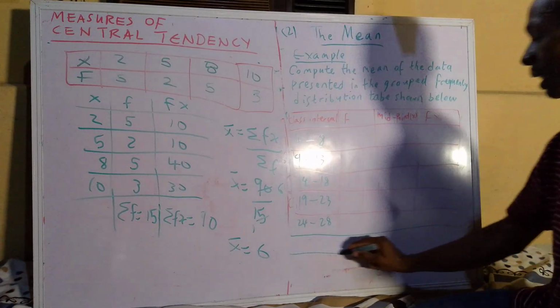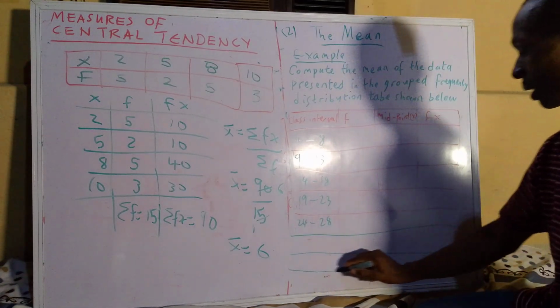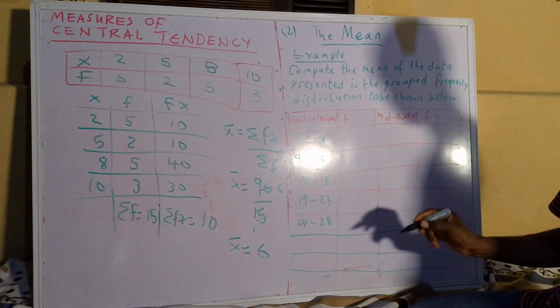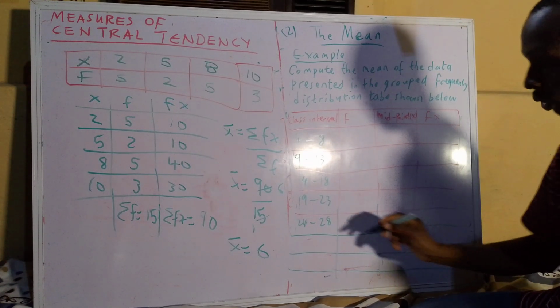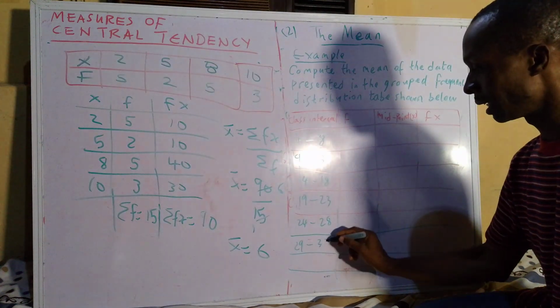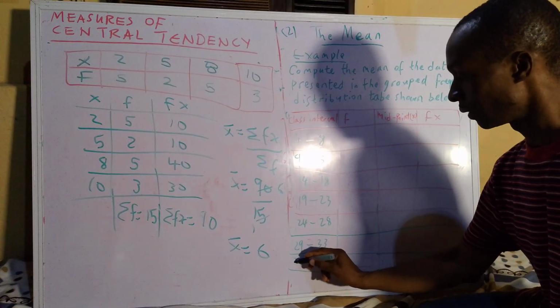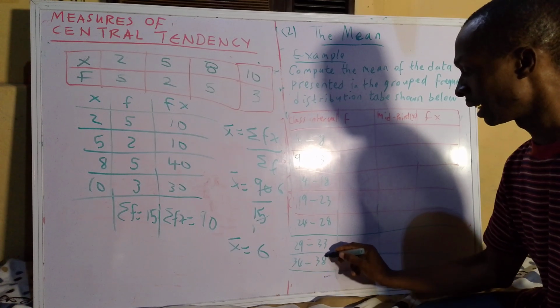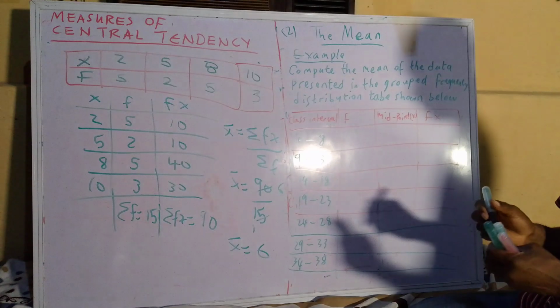What else do we have? I hope you can see the down part. I'm afraid to go down in case you can't see. Who is next? 29 to 33, 34 to 38. In case you say, form this question yourself and answer.